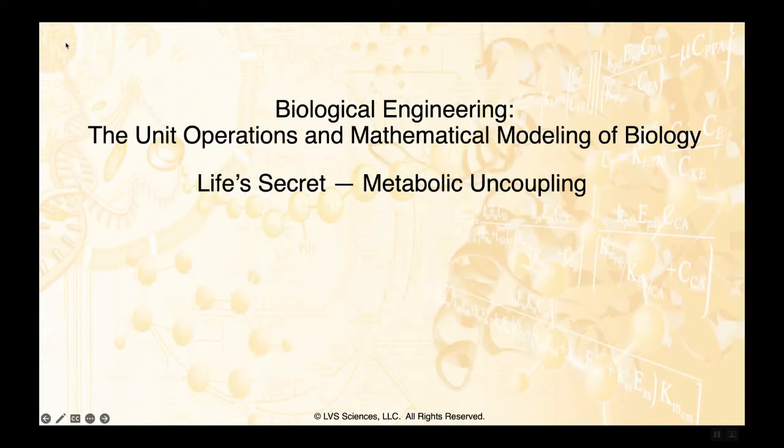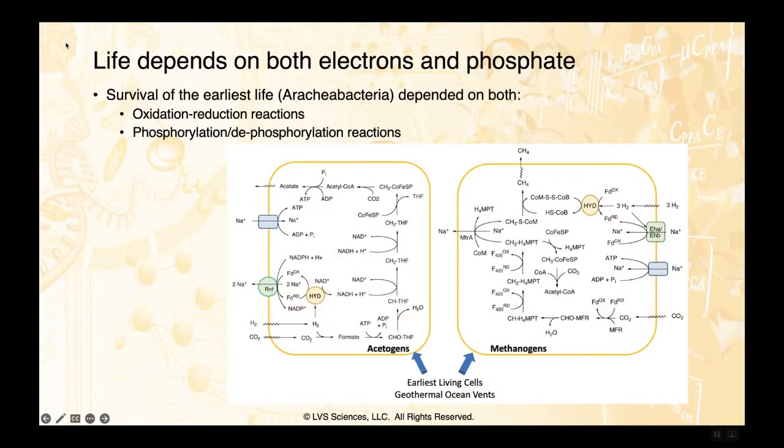All right, so let's take a look at this. The first thing we want to talk about is there are two critical components involved. The first is electrons. That may seem a little odd to some people, but high energy electrons carry energy with them. Now, they don't exist as free electrons.